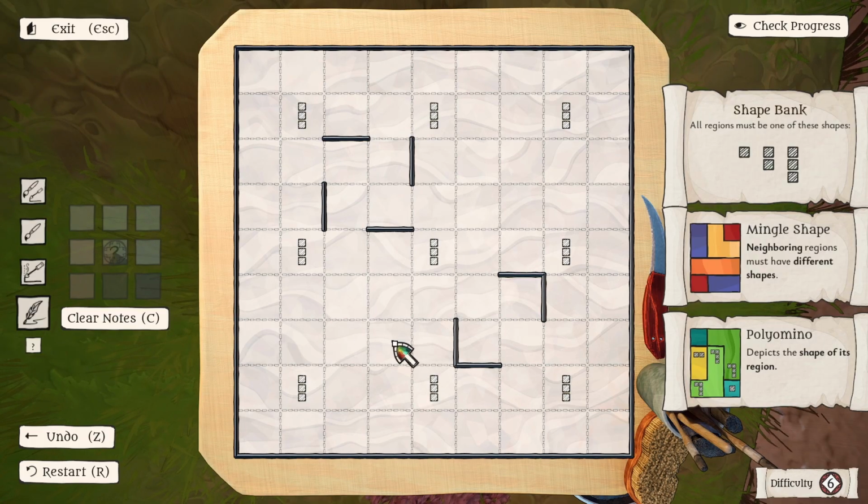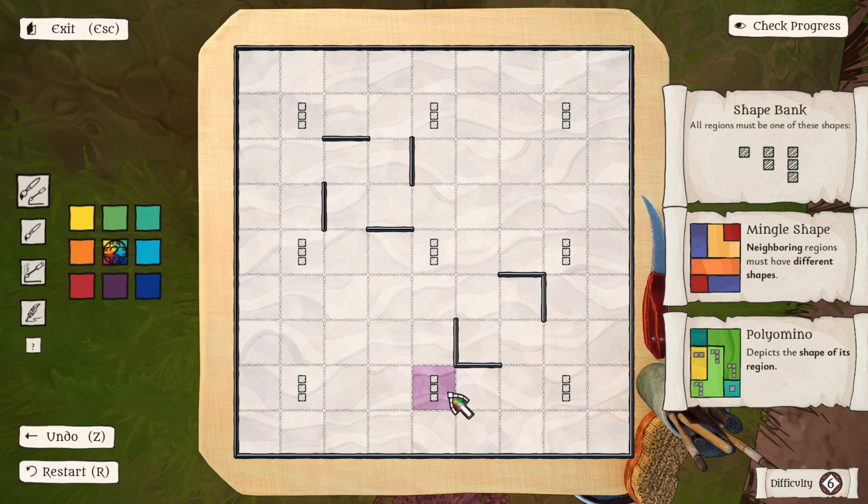Whatever this one does, it is going to take that or that, not both, meaning this one cannot be part of a triple. This can't be a 3, so it's a 1 or a 2.